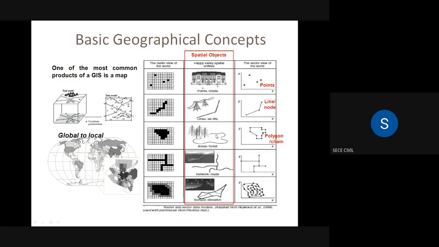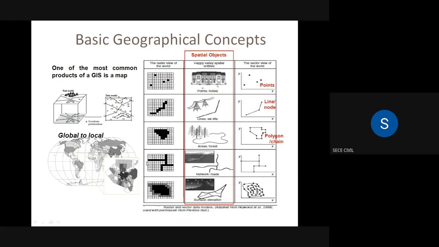Similarly, for area of forest, in raster view it will be in grid form only. In vector view, it will be a polygon chain: a number of chains or lines connected to form a polygon shape. Then network, for example roads. The spatial object is roads.